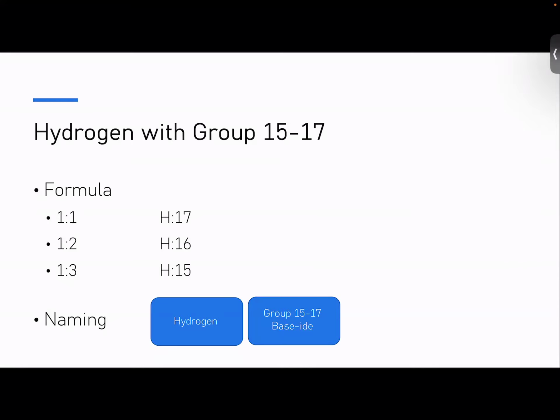Where is hydrogen on the periodic table? Hydrogen's in group 1. What charge does group 1 metal have? +1.